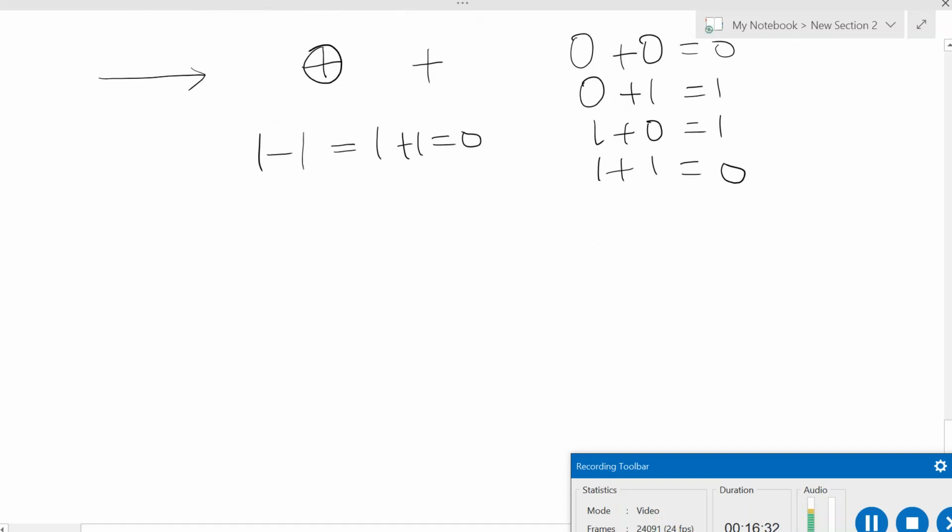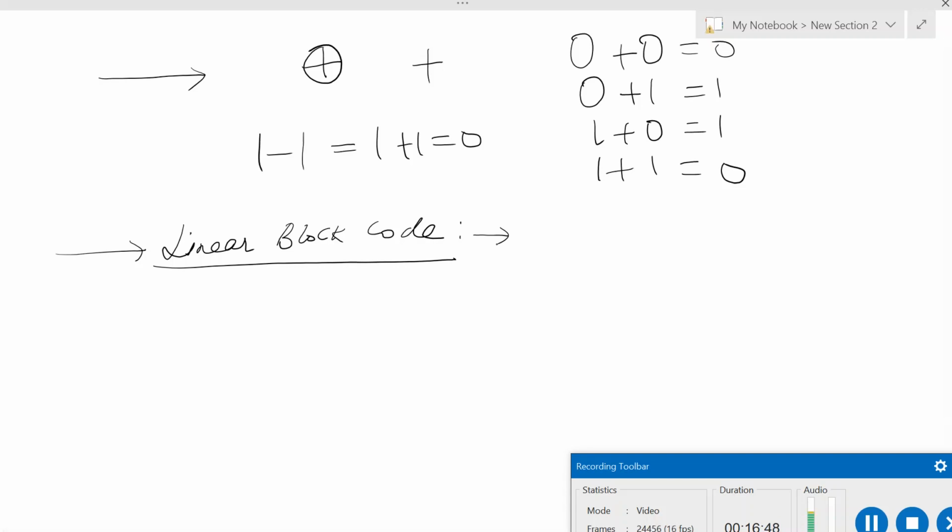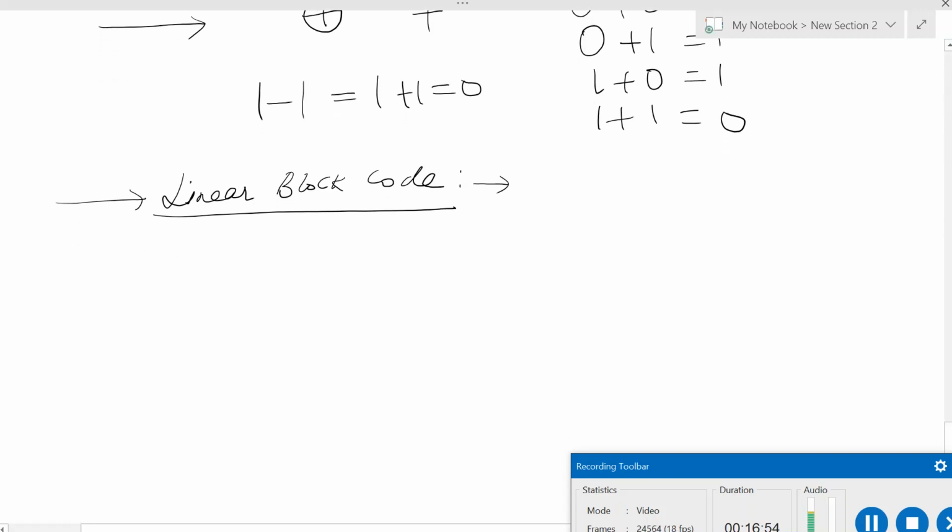And we will begin with something called linear block code. This is historically one of the earliest error control coding schemes, channel coding schemes. So what is the basic thing? We want to control the error.